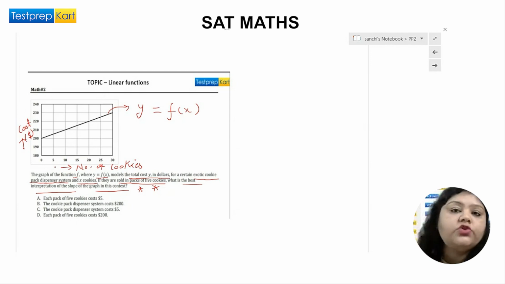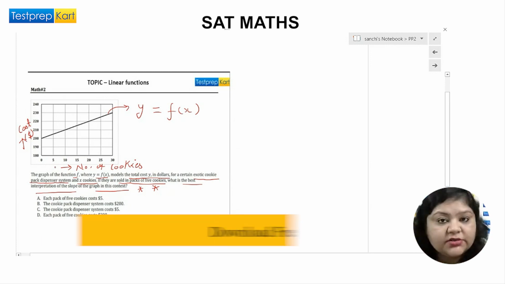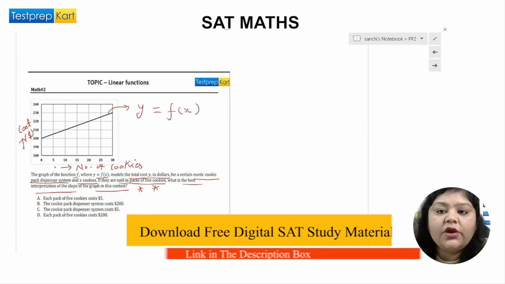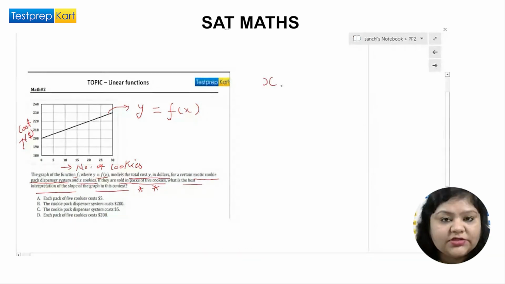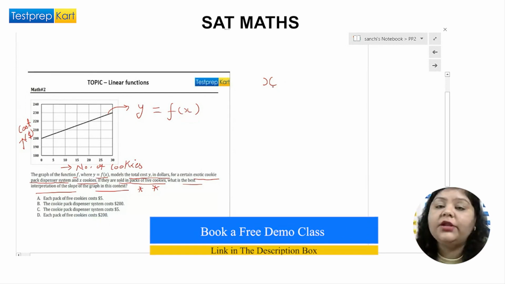First of all, you should understand the logical meaning of the slope. Logically, slope suggests that if we change the value of x, then how does y change? That's what slope means. If I have a variable x, which is of course the independent one, always remember, an independent variable cannot be reduced.